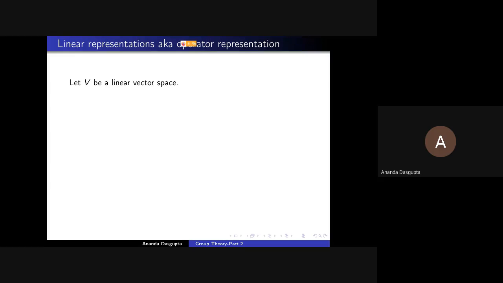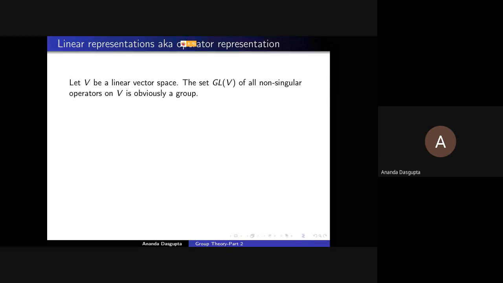For that, of course, what you need is an arena on which the operators can act. So you need a linear vector space to begin with. So you have a V, which is a linear vector space. And of course, yesterday we saw that if you take all the linear operations that you can do on V, they don't form a group, because there are non-invertible linear operations possible.